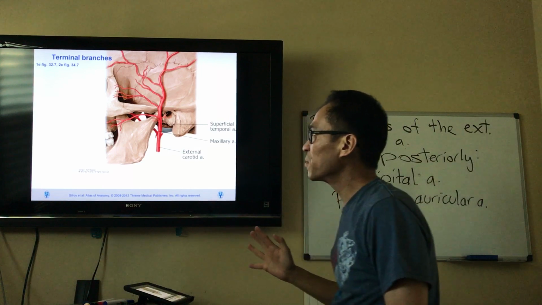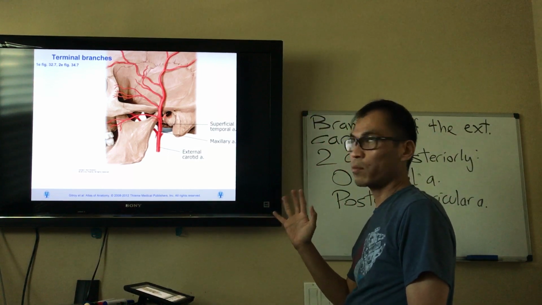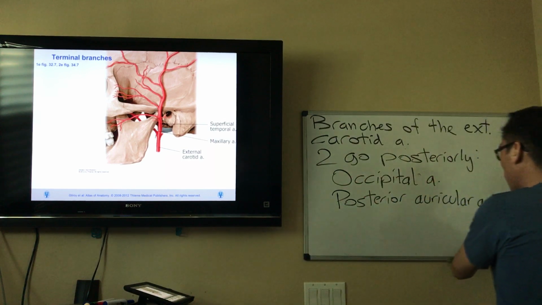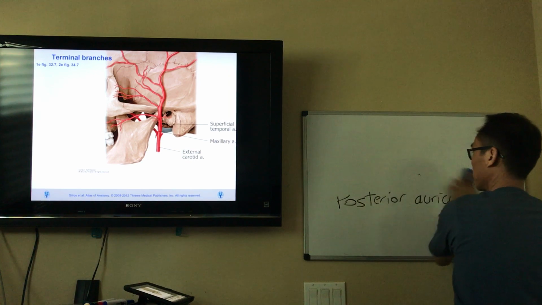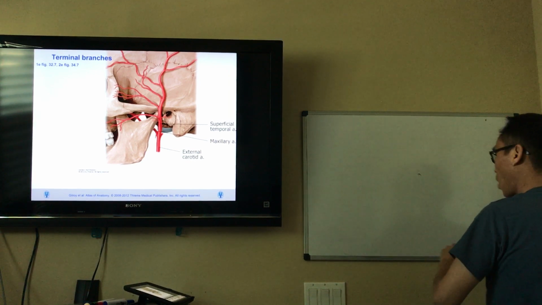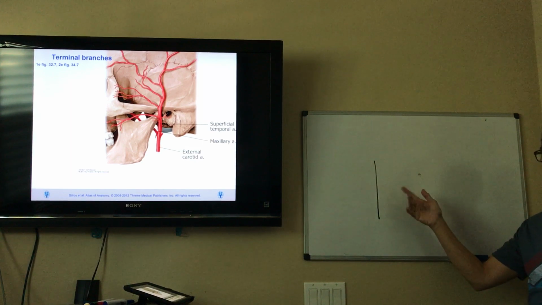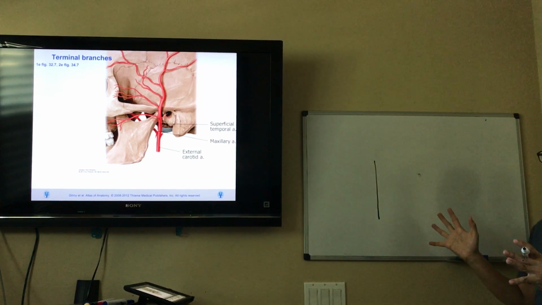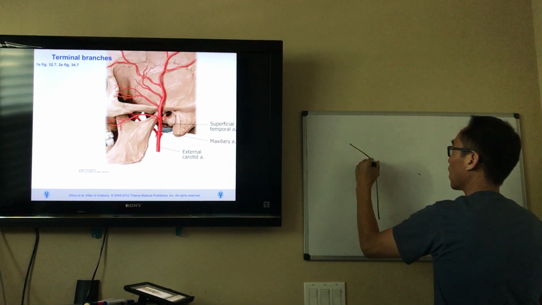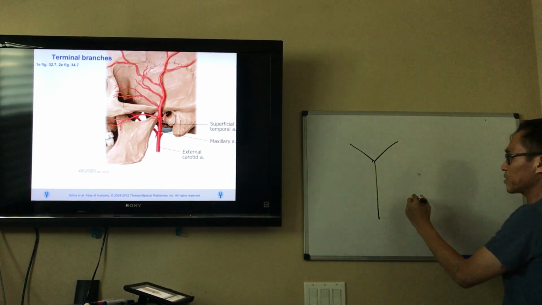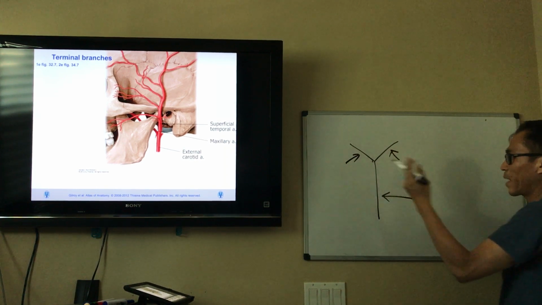All right, this figure shows the last two branches of this artery. And they're called terminal branches. If you haven't heard that term before, let me explain that. Let's say you have any artery right there, lying on the whiteboard. And let's say it ends by bifurcating into two. Okay, so that's our original artery. There's an artery, and there's an artery that branched from it.